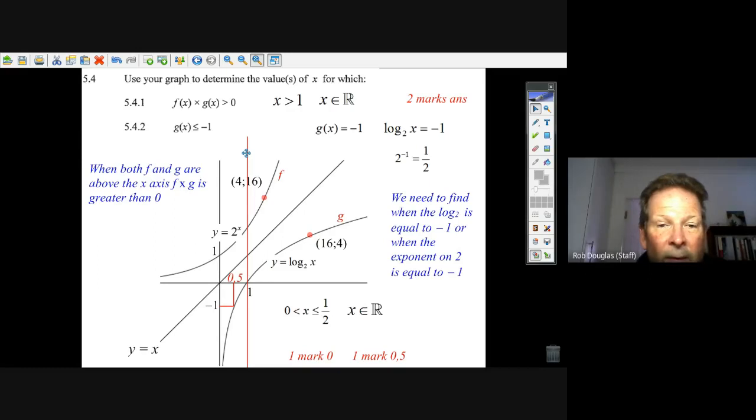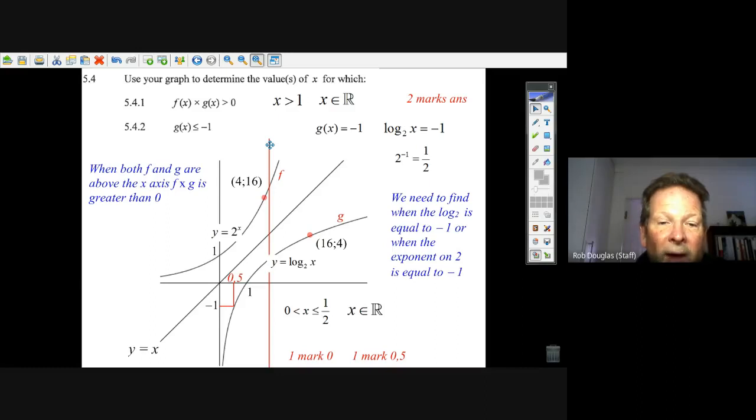So it still doesn't work. But if I go a little bit greater than 1, then it works. And that's your answer. x is greater than 1, and x is an element of the real numbers. Okay, those are the values of x that will make f times g a positive number.